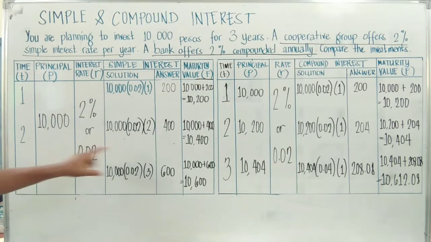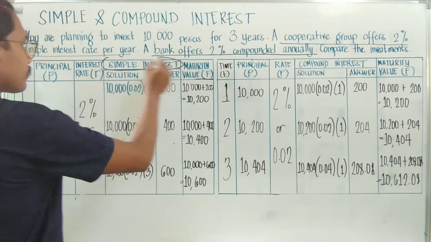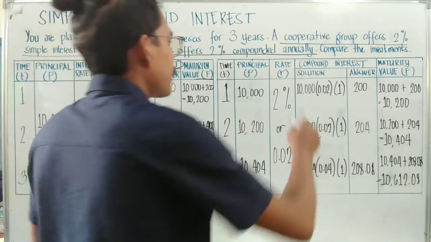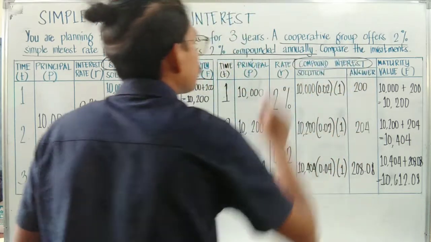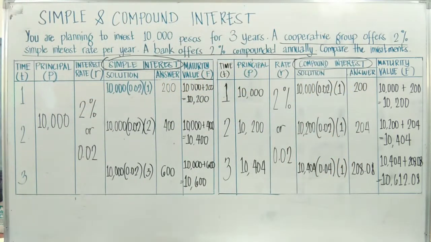So this table is for your simple interest, and the second table is for your compound interest. So let us first discuss this table of simple interest.